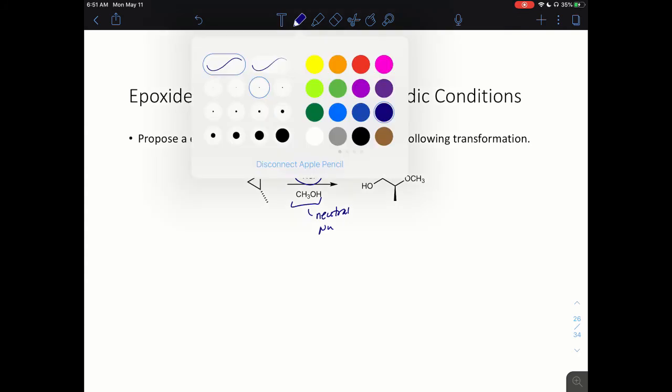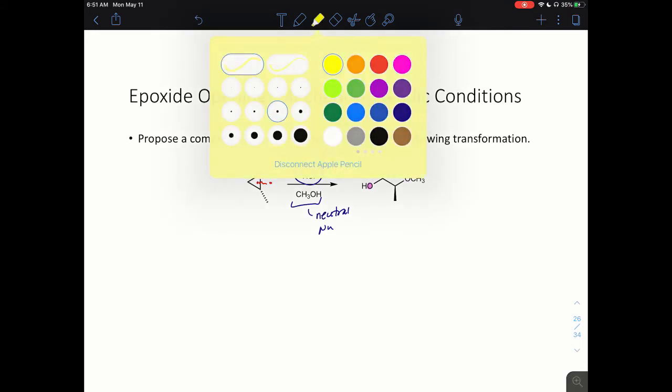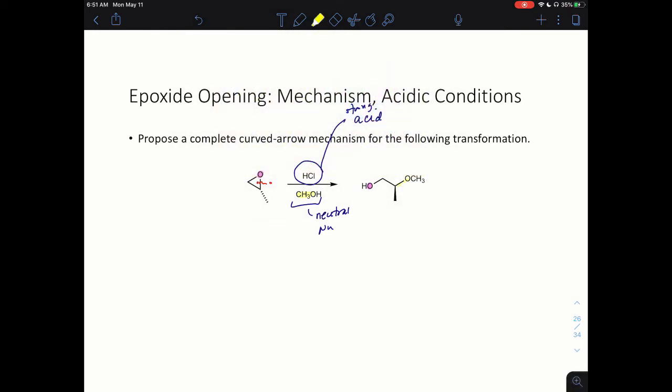We can see that we are breaking, well, let's see, which bond are we breaking here? We are breaking this carbon-oxygen bond. So here's oxygen. There it is in the product. It forms the OH. Methanol has incorporated itself right here.